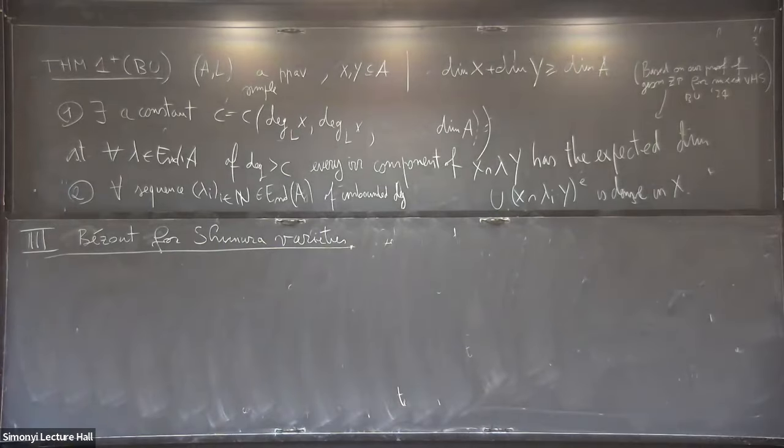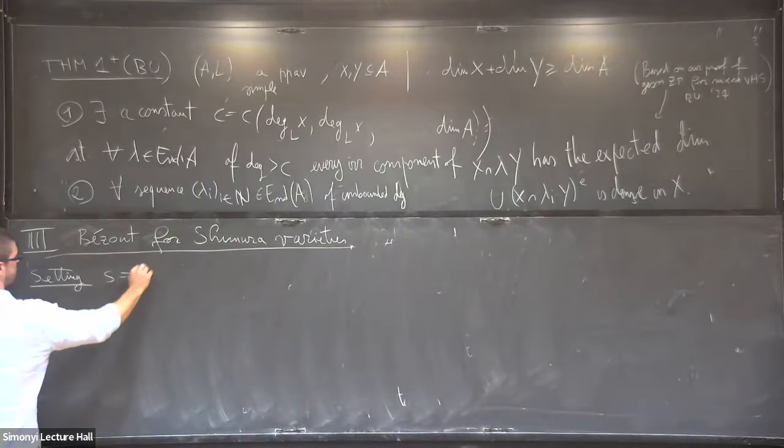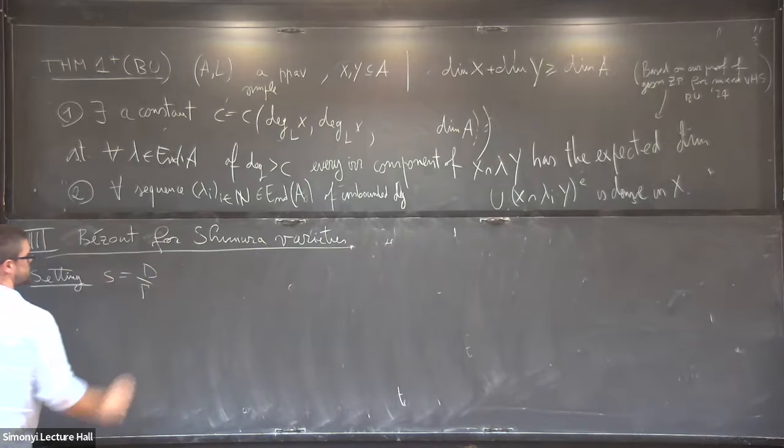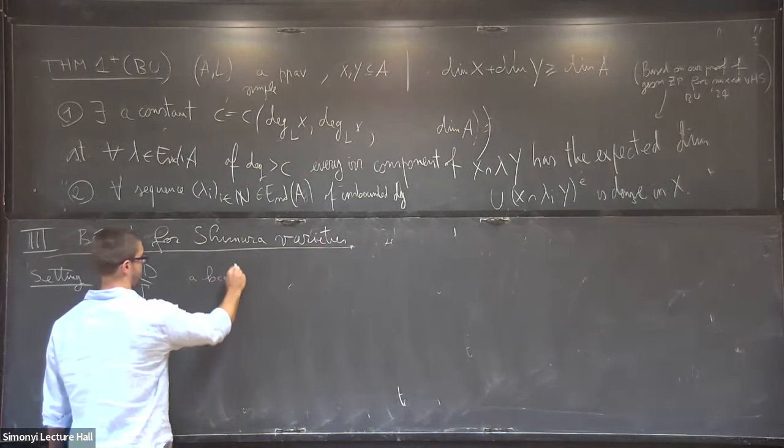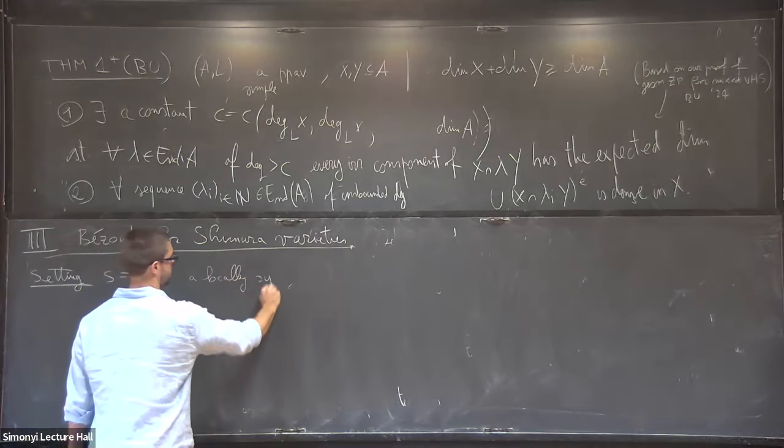And I will also give you some applications. So maybe let me just recall the setting. So now I denote S by D mod Gamma. I don't quite work with Shimura varieties, but it will be D mod Gamma, a locally symmetric variety.